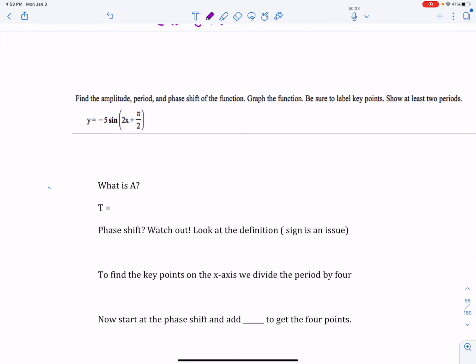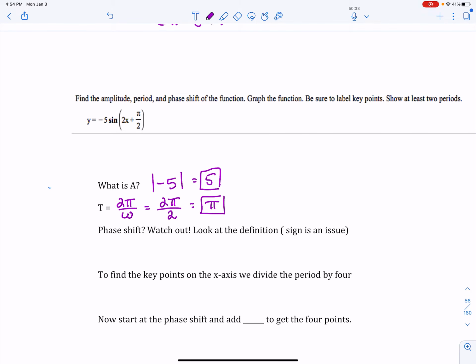Remember, the amplitude is the value in front of my trig function. So I take the absolute value of -5 and I get 5. So the amplitude is 5. The period is 2 pi over omega, which is 2, the value in front of x. So the period is just pi.